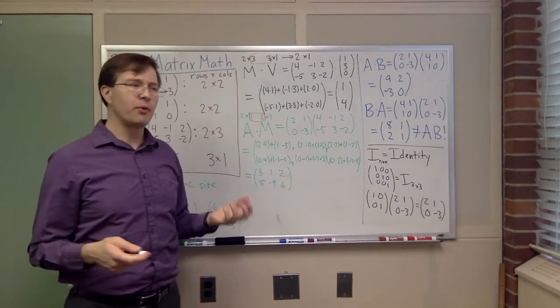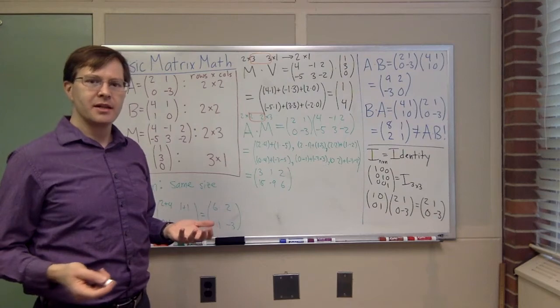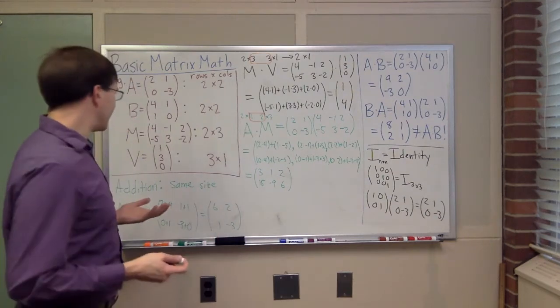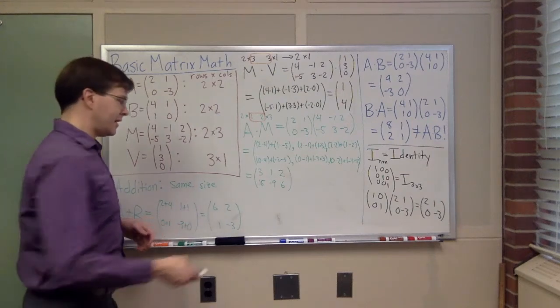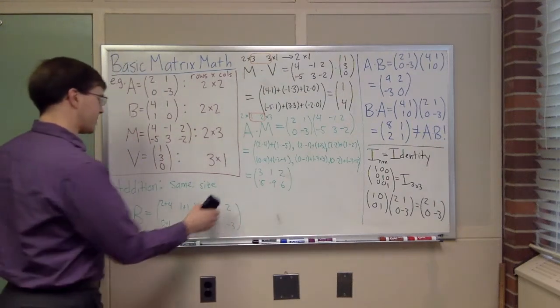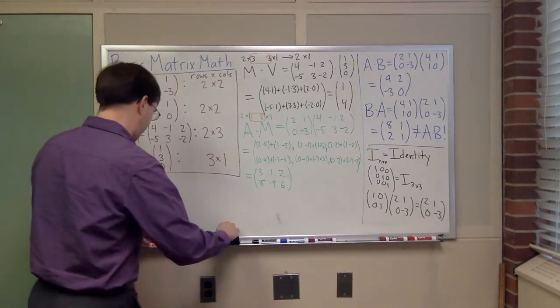There's one more thing I want to bring up because it's sort of related to this, and it's an important tool to use in some other places. The other piece I want to talk about is the idea of the transpose of a matrix. The transpose of a matrix is just what happens when we reverse the rows and the columns.